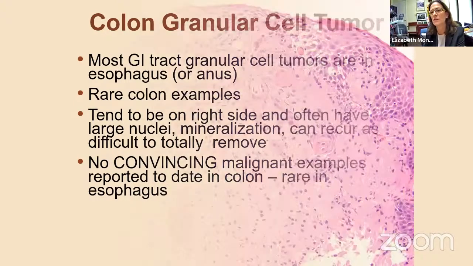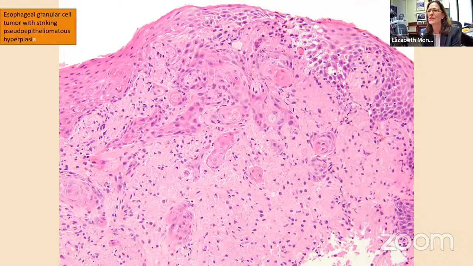There are some that aren't convincing, but there are a few convincing reports of malignant granular cell tumors arising in the esophagus. So this is, of course, the resident exam question or the whatever certification exam question. This is an esophageal or it could be anal, but I think this one was esophageal granular cell tumor. Here it is. And of course, it's created this dramatic pseudoepitheliomatous hyperplasia.